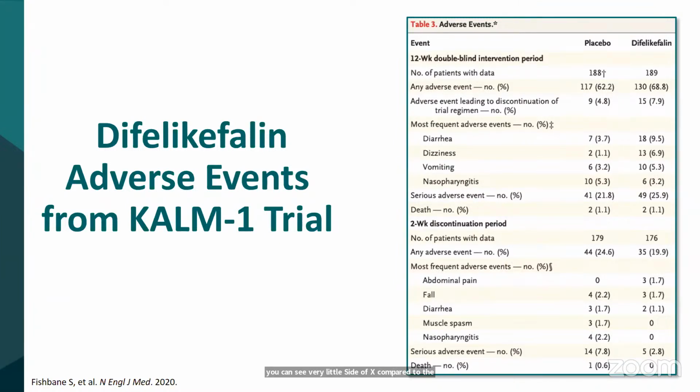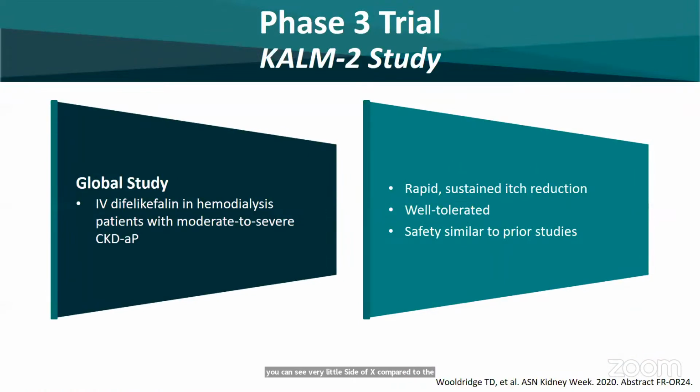So when you look at the CALM-2 study, which was a global study in hemodialysis patients again suffering from moderate to severe pruritus, we saw rapid, sustained itch reduction. It was very well tolerated, and safety was similar to prior studies.